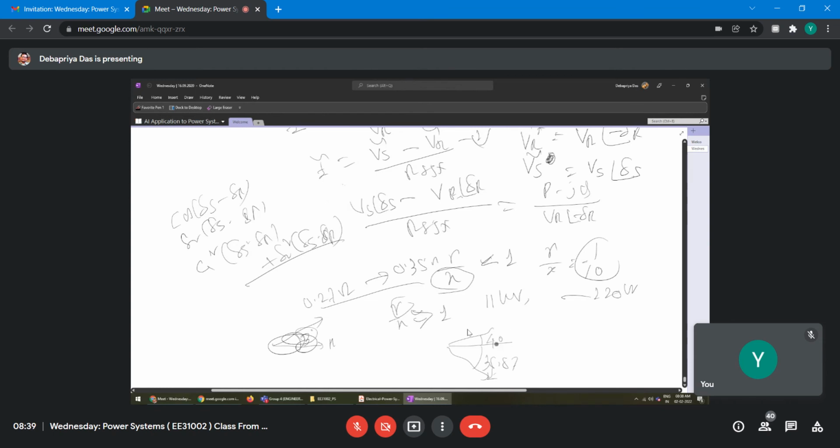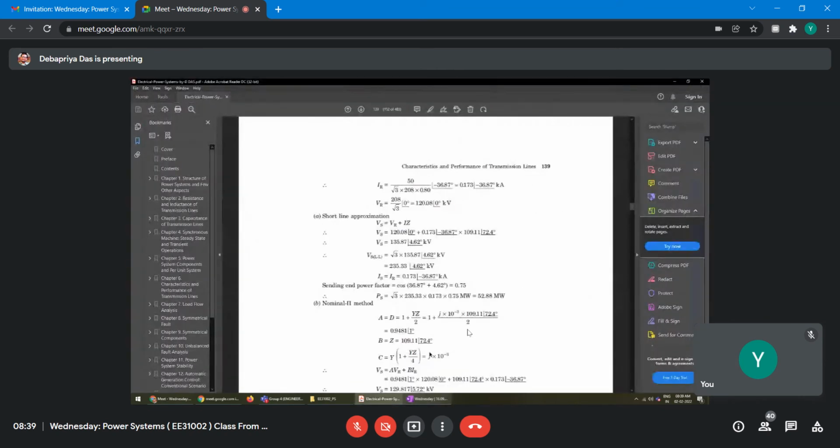So the angle between the voltage and current will be 36.87 plus 4. This angle is added, so you have to be very careful. Though it is minus, it is plus, because one is leading and another is lagging. You have to take the conjugate, otherwise you will not get the power factor angle. Basically it is the angle difference between the voltage and current. So the sending end power factor will be this much, and the sending end power will be root 3 V I cos phi, that is 52.88 megawatt.